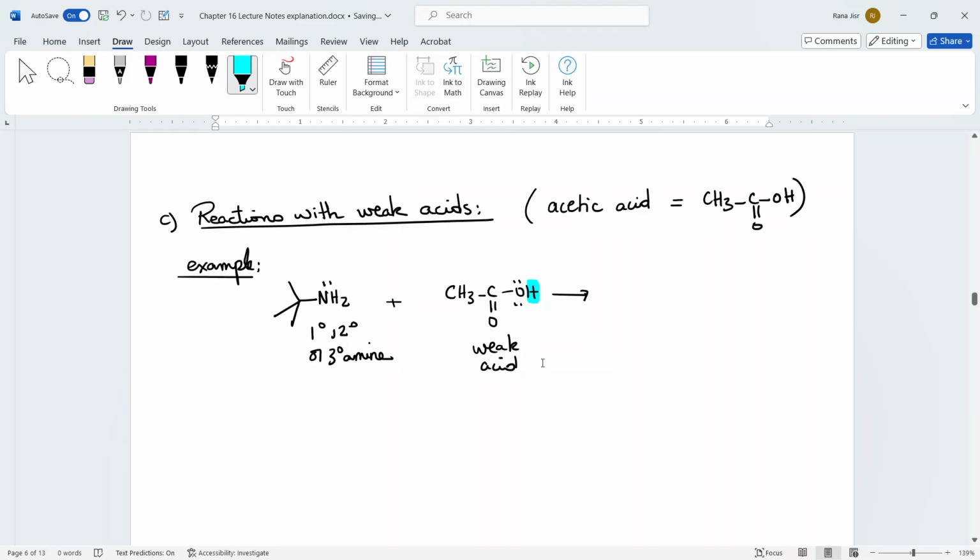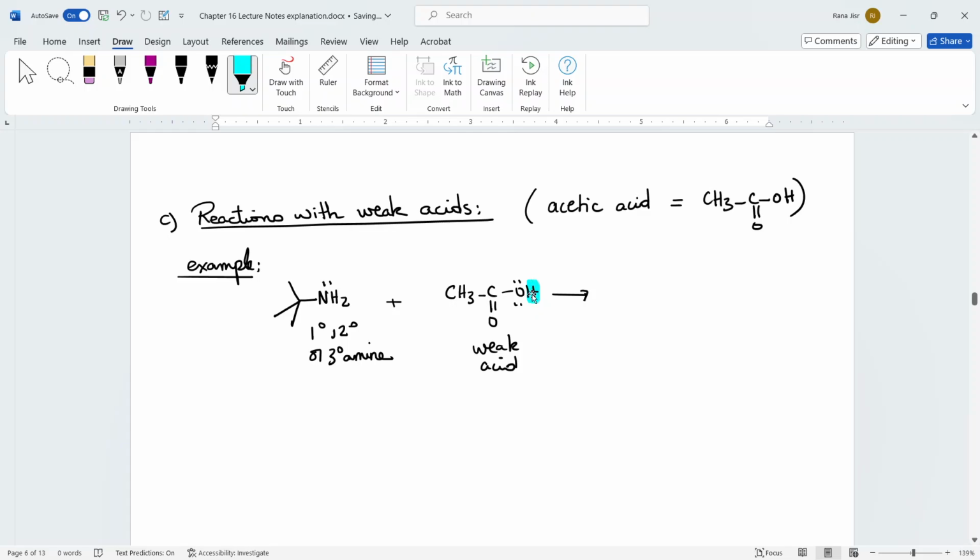Now notice that, why did I choose this hydrogen to be acidic and not this hydrogen on the carbon? Because we mentioned that a hydrogen is acidic whenever it's connected to an electronegative element, because the hydrogen needs to lack electrons. And the electronegative element needs to take electrons away from the hydrogen to make it lack electrons.